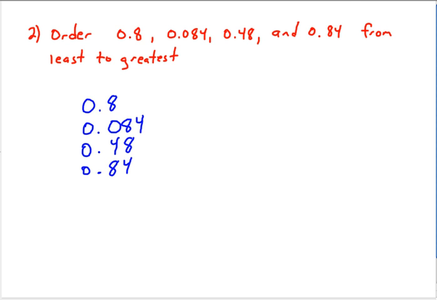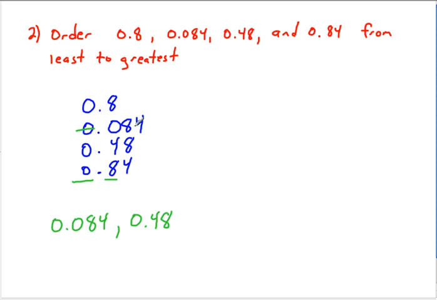So the first thing we'll do is check the first column. They're all the same. So we'll check the next one. So we have a 0, a 4, and an 8. So the 0 is clearly the smallest, so we can say 0.084 is the smallest. And then the 4 is the next biggest, so now we can say 0.48 is the next biggest.